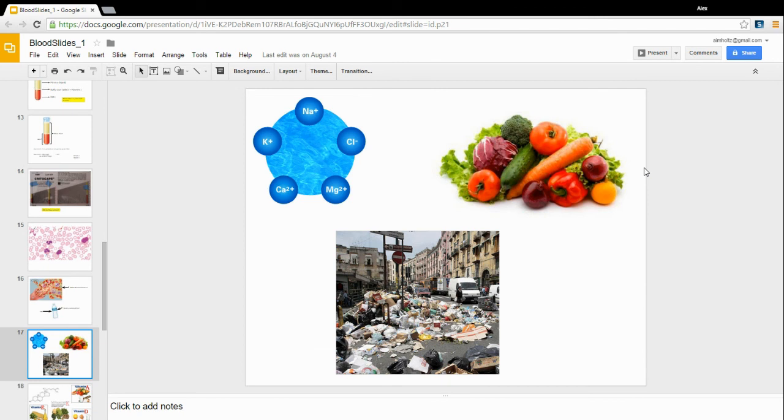So we're going to have electrolytes. We see some samples up there. Nutrients, whole vegetables, not exactly. Amino acids, simple sugars, fatty acids, other assorted nutrients. Wastes as well. Nitrogenous wastes, urea, ammonia, that sort of thing.